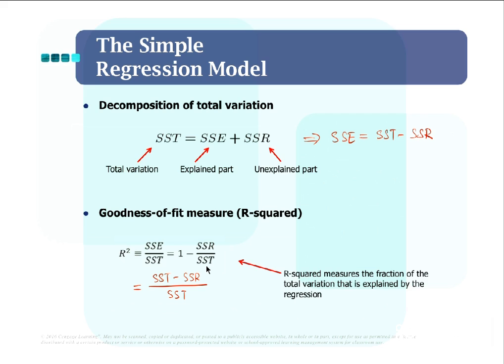So we have SST divided by SST minus SSR divided by SST, and the first term equals 1. So we have this formula.